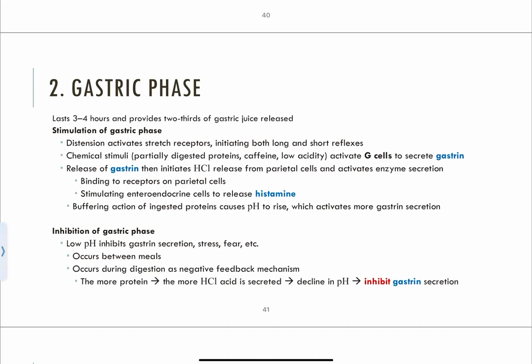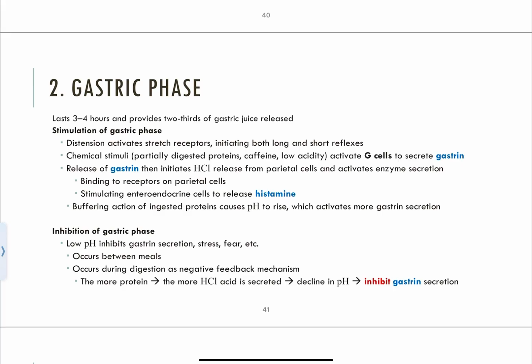The chemical stimuli, again, like I mentioned, things like partially digested proteins, caffeine, and the low acidity, will all activate the G cells to secrete gastrin. Once we release gastrin, gastrin is going to initiate hydrochloric acid release from the parietal cells, and we know that hydrochloric acid is going to help activate pepsinogen into pepsin.